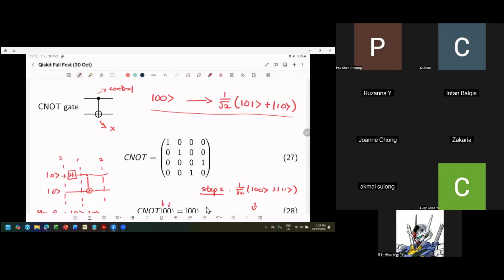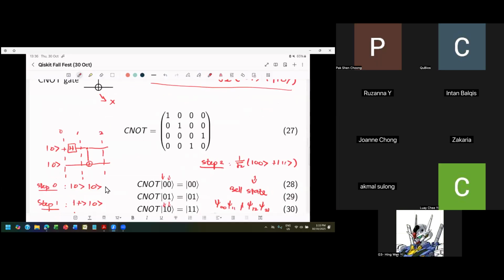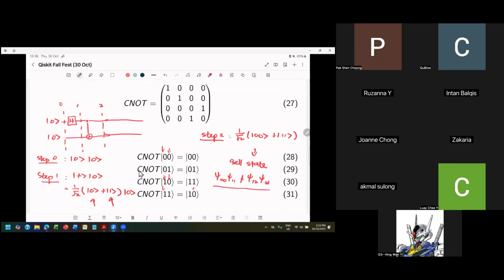So essentially, what you need to do is again to follow what was said previously. When you perform the Hadamard and then the CNOT gate, over here at step 2, you already get the Bell state.